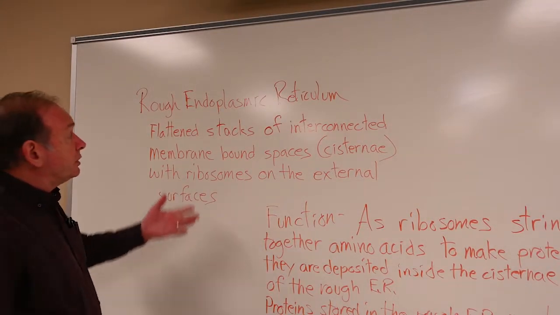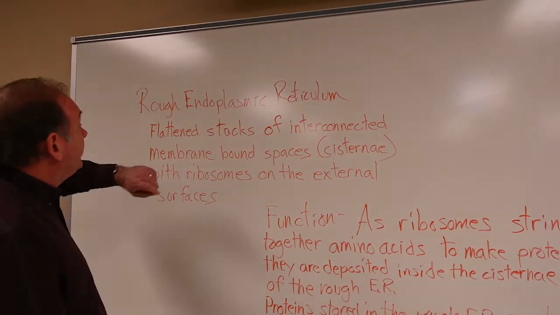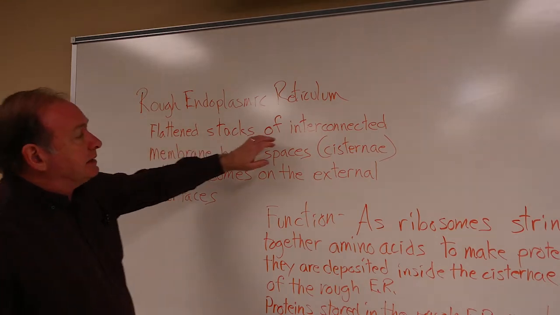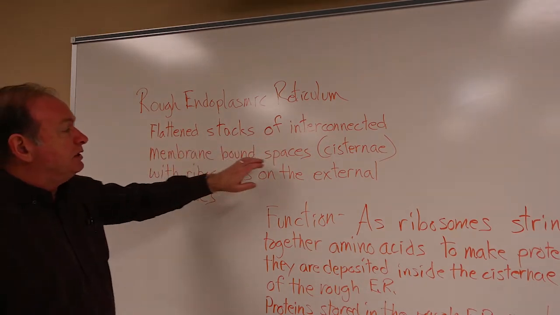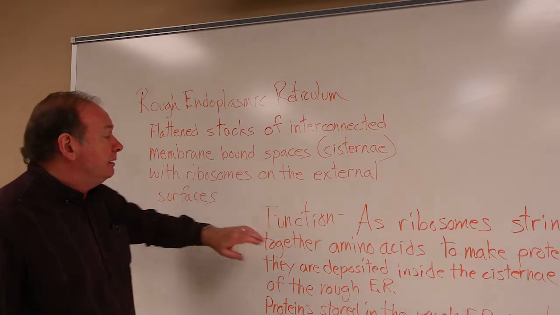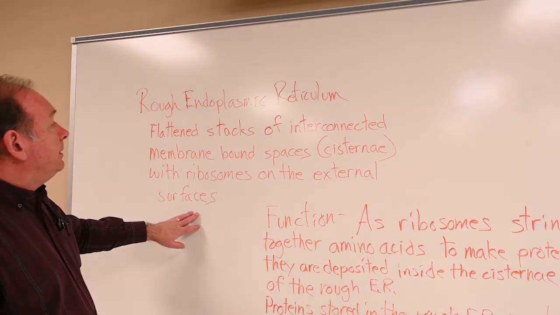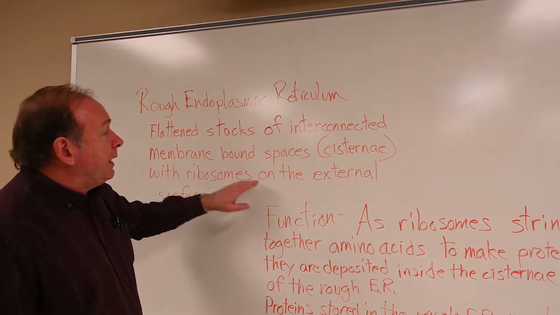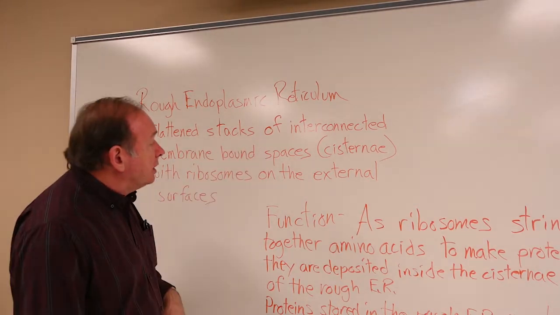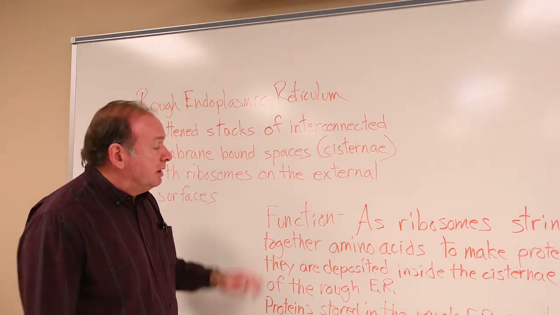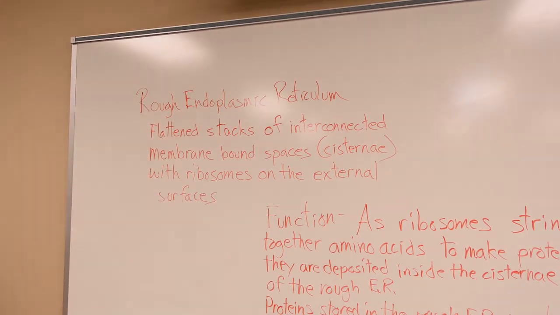So the general structure of the rough endoplasmic reticulum consists of flattened stacks of interconnected membrane-bound spaces, cisternae, with ribosomes on the external surfaces. So that's the basic structure, composition. Now about function.